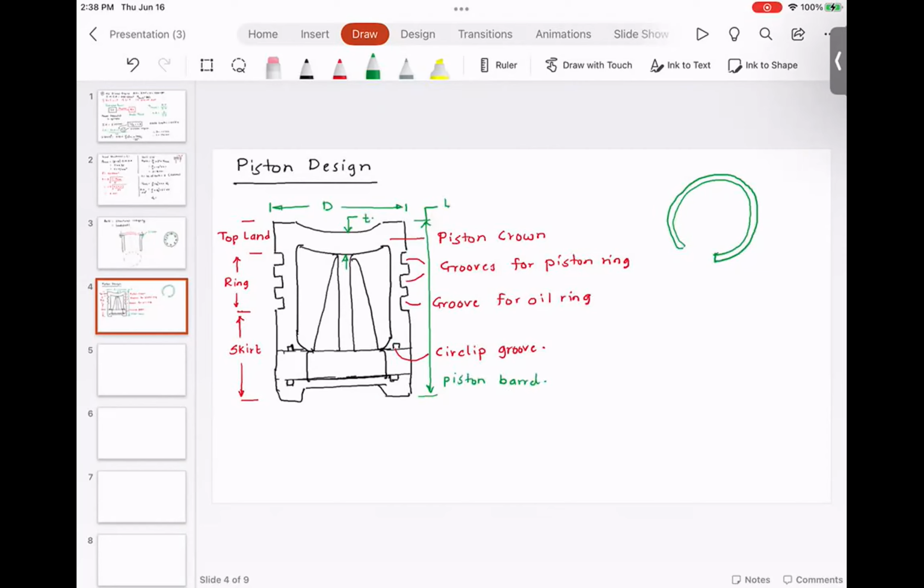The piston needs to be extremely lightweight, and it needs to be able to dissipate the heat very quickly. This is called the top thickness, TH. And this is where the piston pin gets placed.